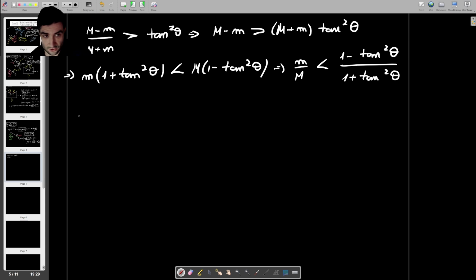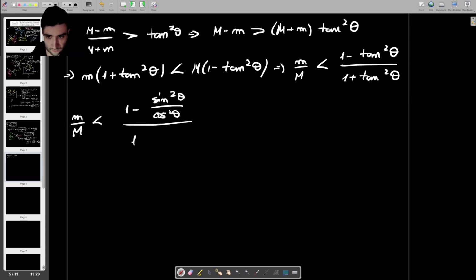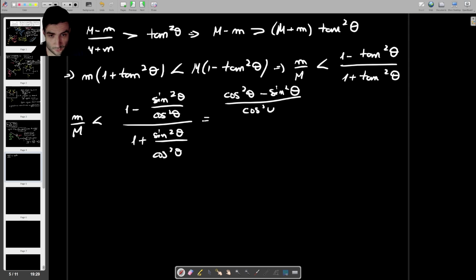So we can actually do a bit of a trick here. We can swap the tan with sine over cosine, and we're going to get 1 plus sine squared over cosine squared, and we're going to apply even more tricks to simplify this as much as possible.